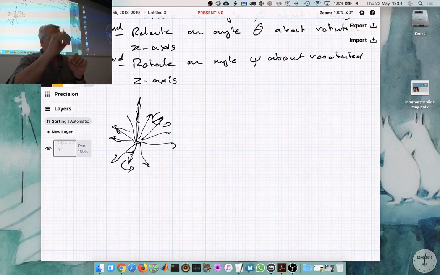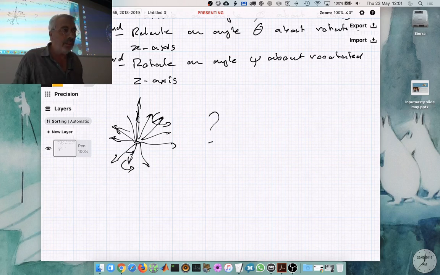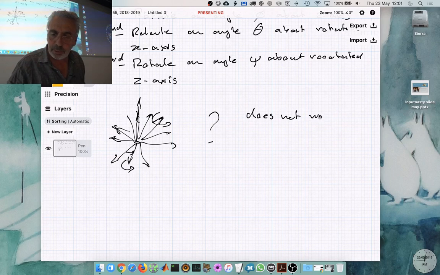Maybe the lines are a bit more straight, but in essence that is the thing. And I have no clue. I never understand these pictures. I have such a hard time to understand them. So that doesn't work, right? It's like this video game. This doesn't work. So what do we do?